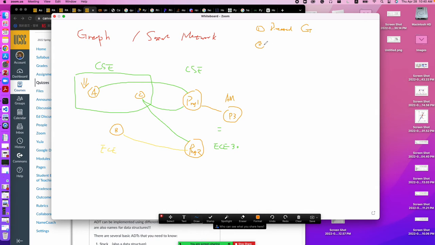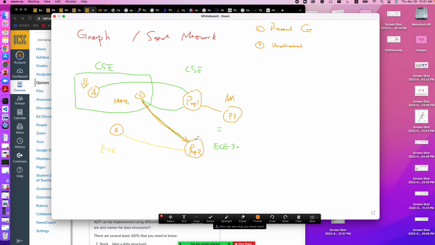The other one is the undirected graph. In terms of directed, it means the connection you have with the professor, or from each node, has a direction, right? For example, you know this professor by his name, by his fame, maybe by his publication.